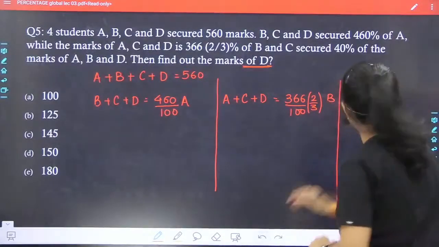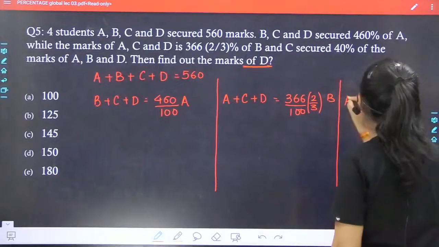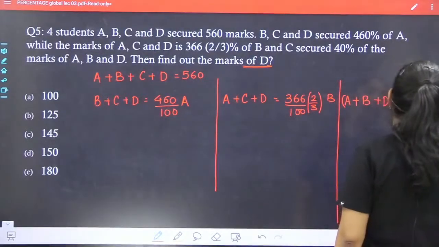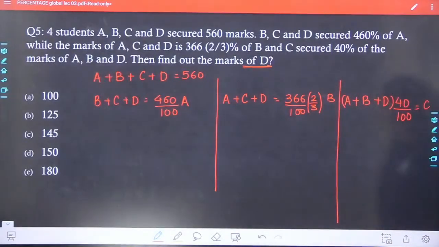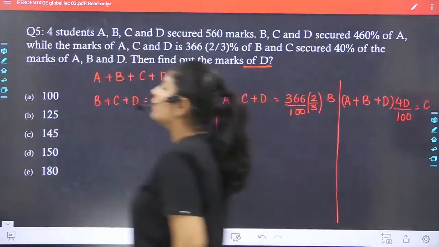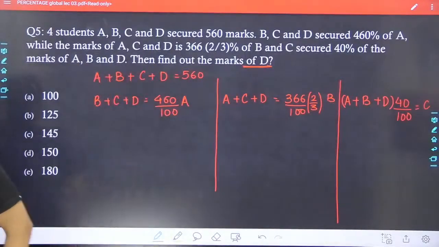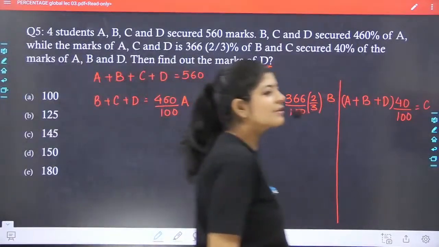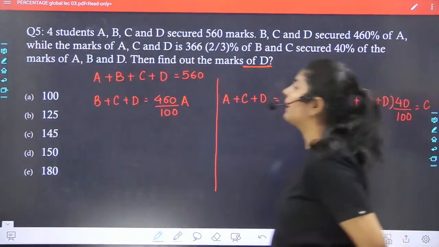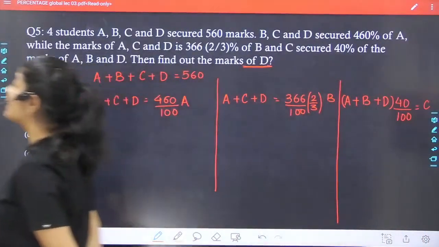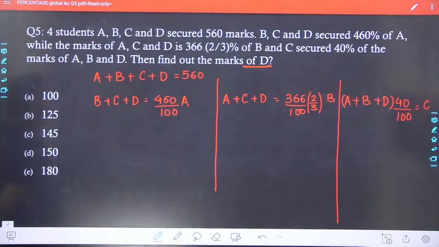So I can write it as 40 by 100 of A plus B plus D is equal to C. So what is the value of D over here? How do I calculate the value of D in this question? We have 3 equations, or I can say the total 4 equations, and we have 4 variables.